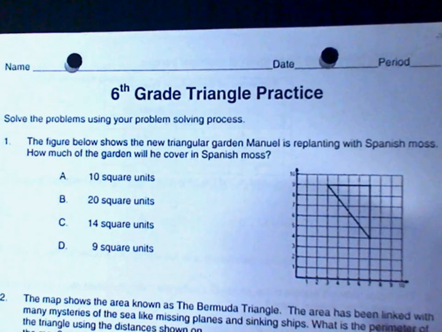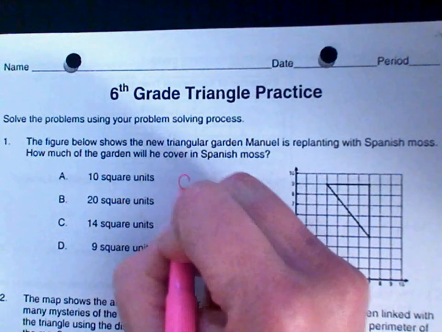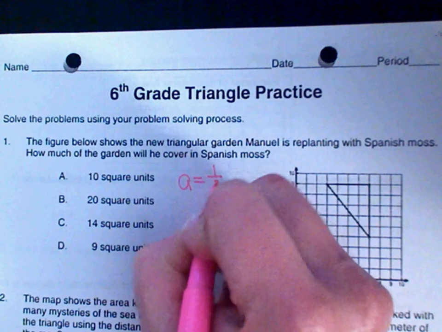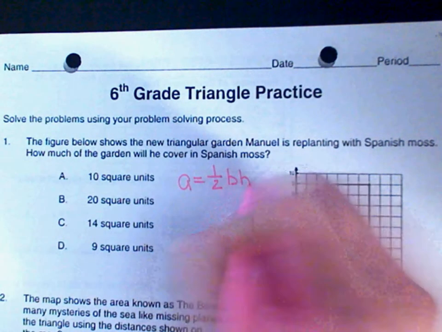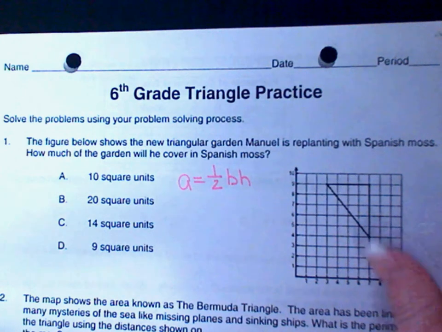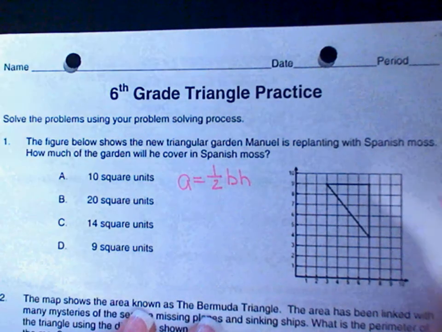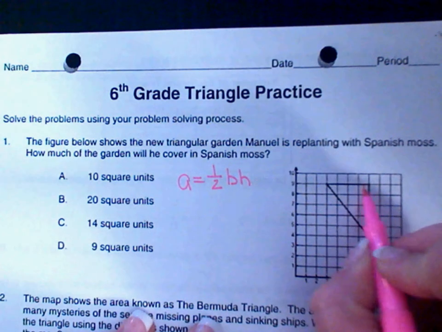The best way to find the area of this triangle is to still use the formula. I'm going to use the formula that was A equals 1/2 BH. Okay, so the question is, where do I find the B and where do I find the H? Well, the B is the base, H is the height. So here is my right angle.